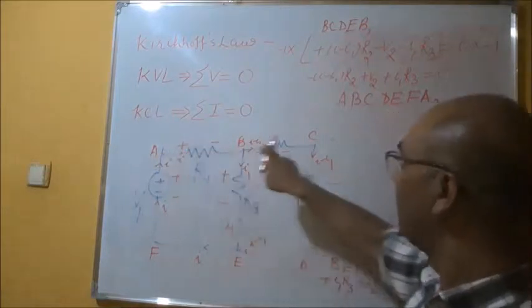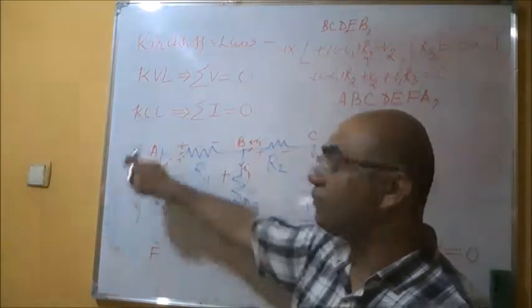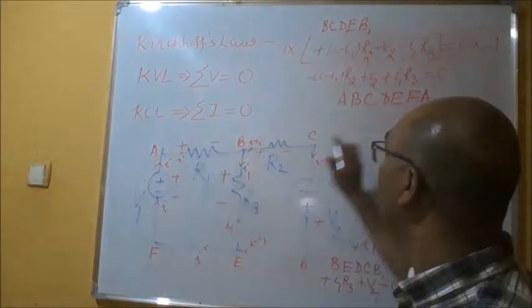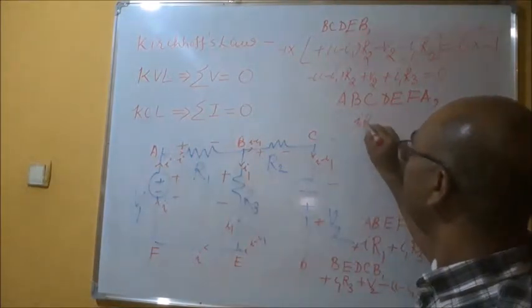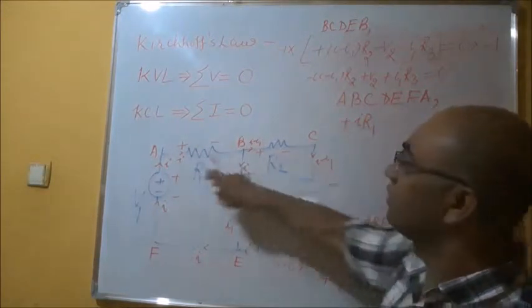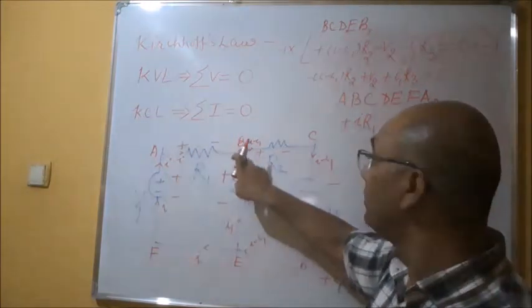We start from A, move like this and go up to A. From A, what is the value? I R1 with plus sign, because this is going from positive to negative.